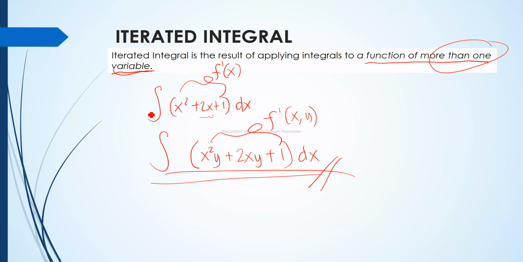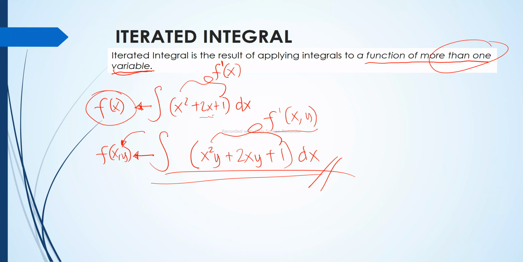For the first one, the resulting function will be f of x. For this one, the resulting function will be f of xy. We have the prime here, and if you integrate the prime, we will have our original function, f of xy.